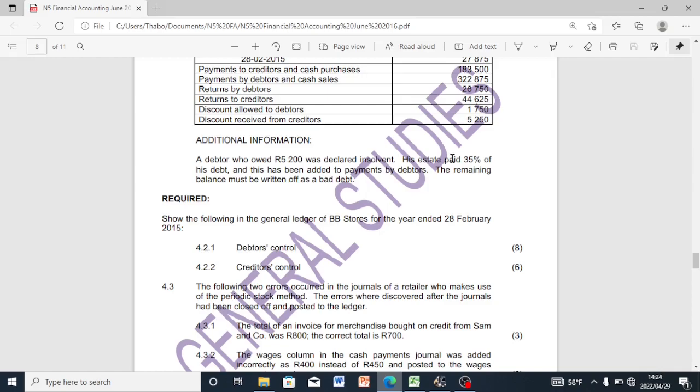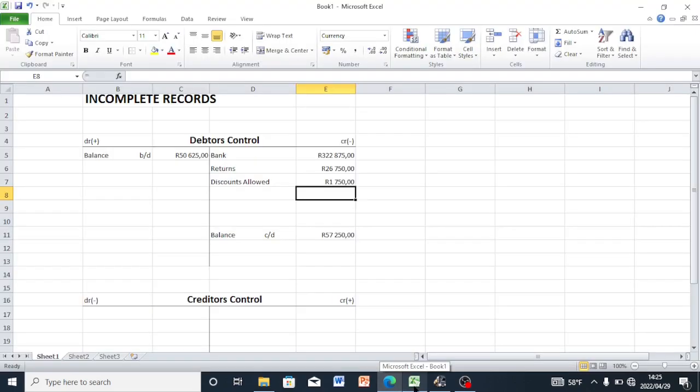So the remaining balance must be written off as a bad debt. We are going to take 65% of 5,200 and then write it off under our debtors control. We are going to say bad debts. We now know bad debts are credit losses. Our bad debts are no longer called bad debts, it's credit losses.